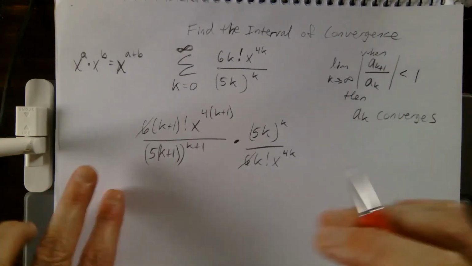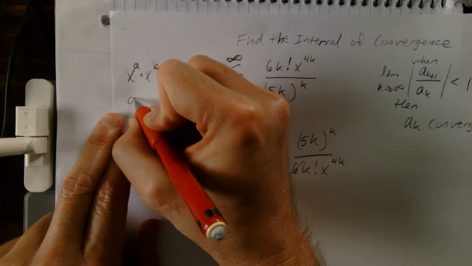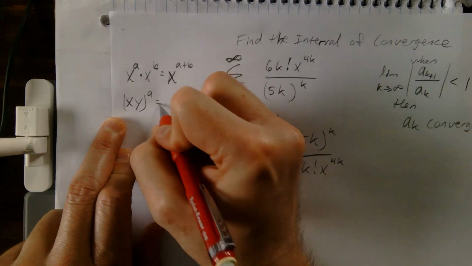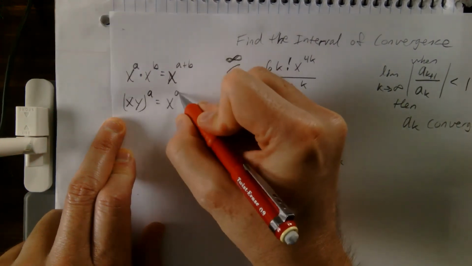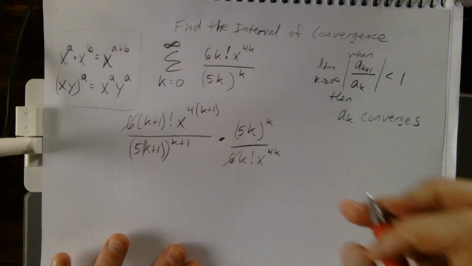And also, xy to the a equals x to the a times y to the a. That's a property of exponents. We'll use a couple of those.